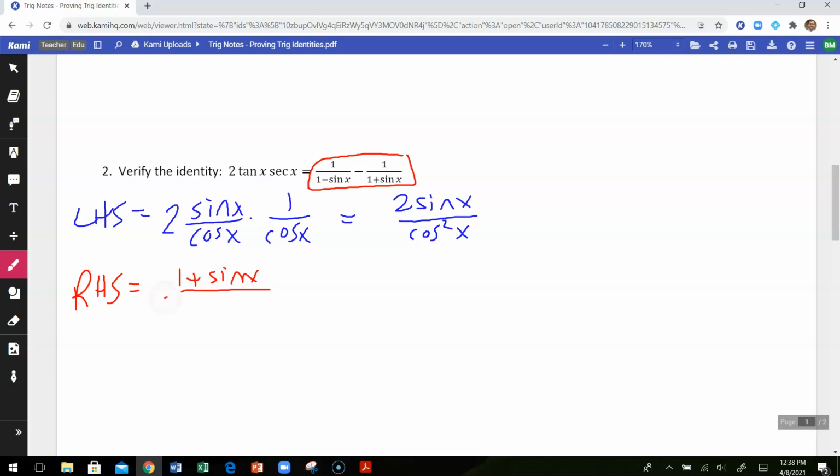My denominator is going to be 1 minus sine x times 1 plus sine x. And then minus, and then on the right side, I'm going to be multiplying by 1 minus sine x. So my numerator is 1 minus sine x, and my denominator is 1 minus sine x times 1 plus sine x.